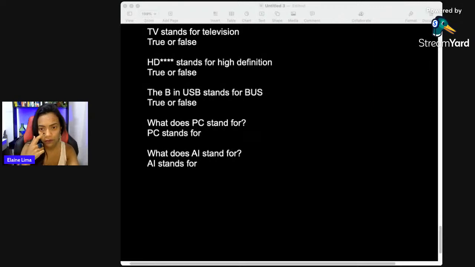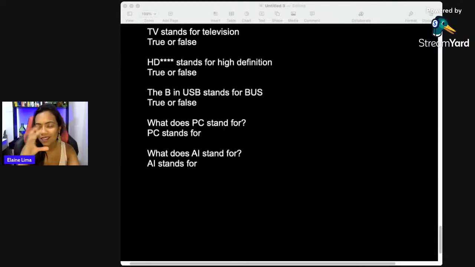Okay, so let me see. The B in USB stands for bus. It's true. It's correct. So we say universal serial bus. So bus in this case is a name for a system that connects devices.